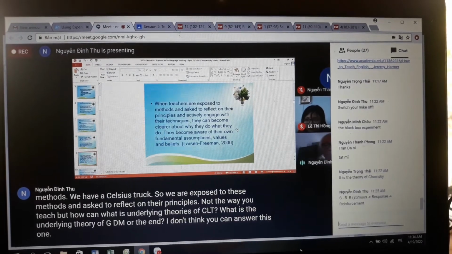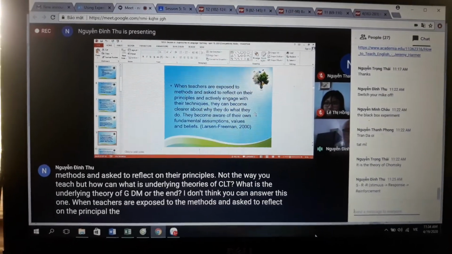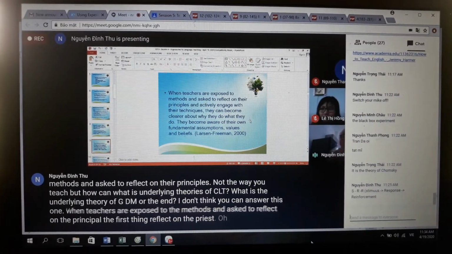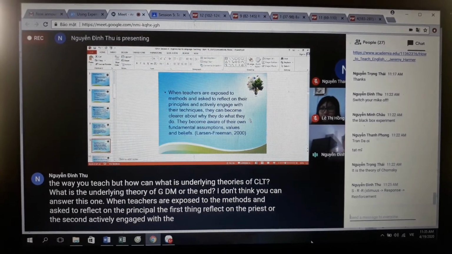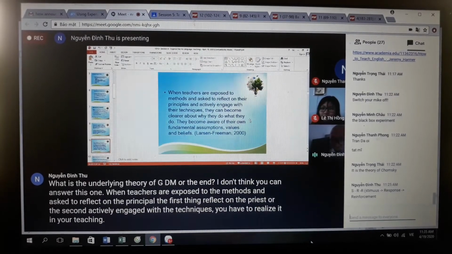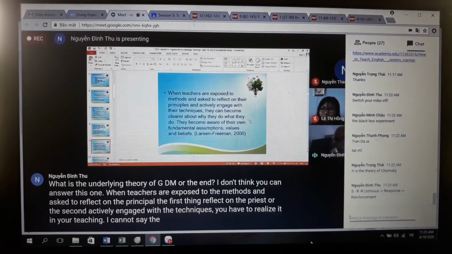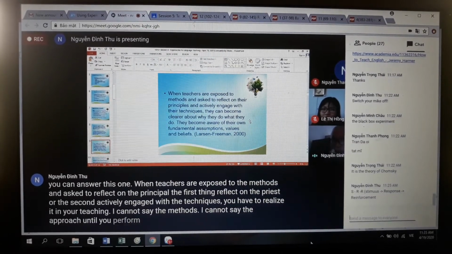When teachers are exposed to the methods and asked to reflect on the principle, the first thing, reflect on the principle. The second, actively engage with the techniques. You have to realize it in your teaching. I cannot say the methods, I cannot say the approach until you perform your techniques.